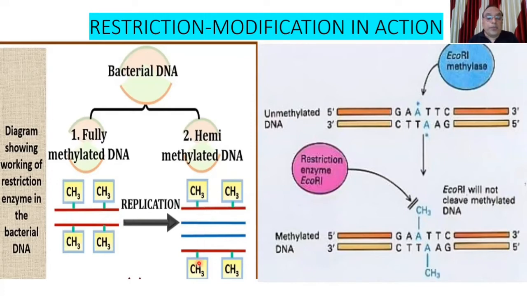So these should be methylated at once. Now presume a situation when all the 4 strands at the recognition site require methylation. It will take more time, but when the DNA is hemimethylated, the enzyme will have to methylate only 2 strands. So the process of methylation will take place at a faster pace when we have hemimethylated DNA rather than unmethylated DNA.